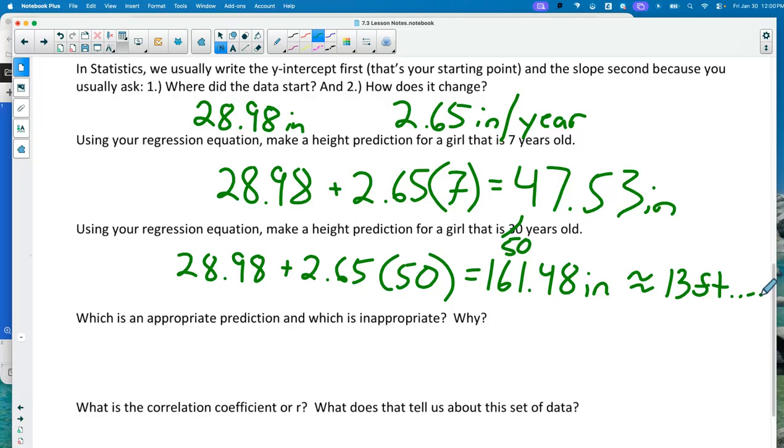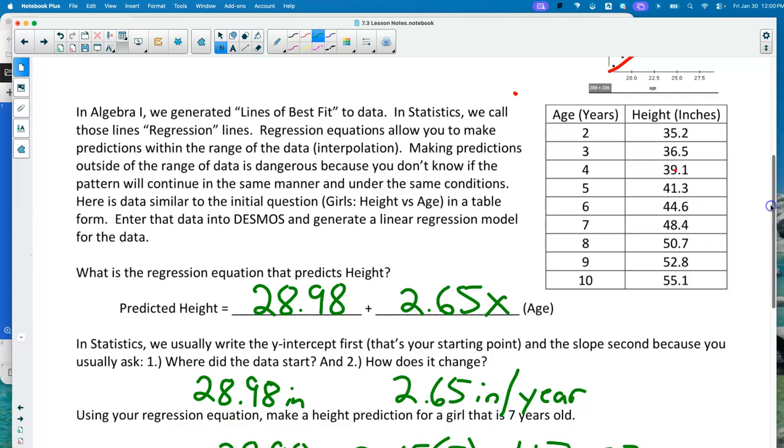So here's the deal. If you look at the data set, and this is actually very simple, I'm going to look for the lowest number and the highest number in my X column. And so I go from 2 till 10. Extrapolation is the death of your data. We do not extrapolate, okay? When you extrapolate, really bad things happen. Some of us might be done getting any taller.